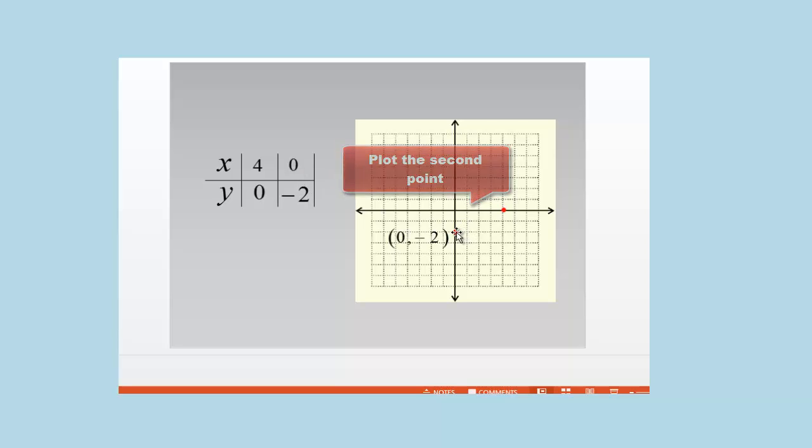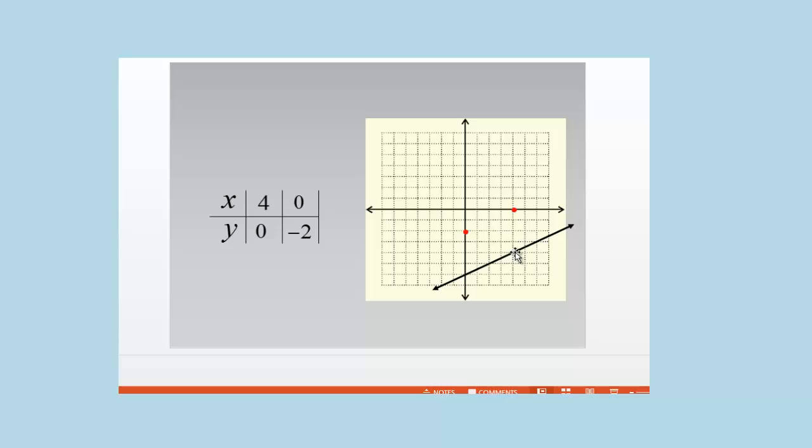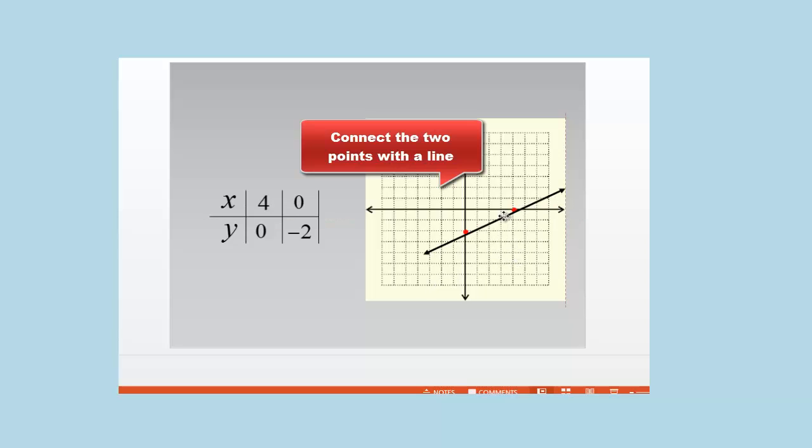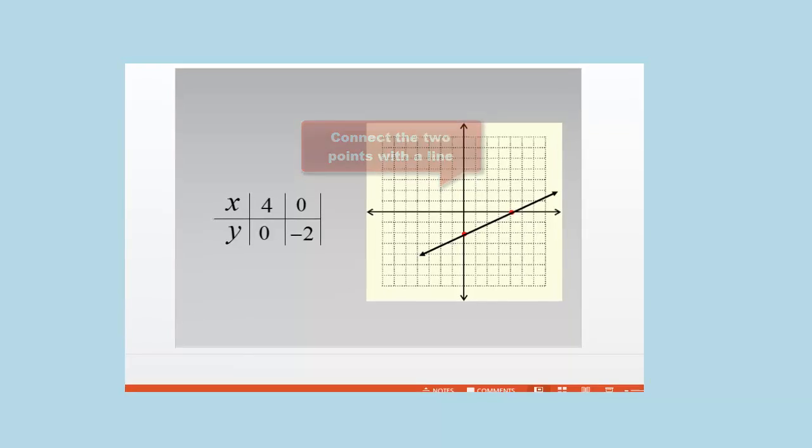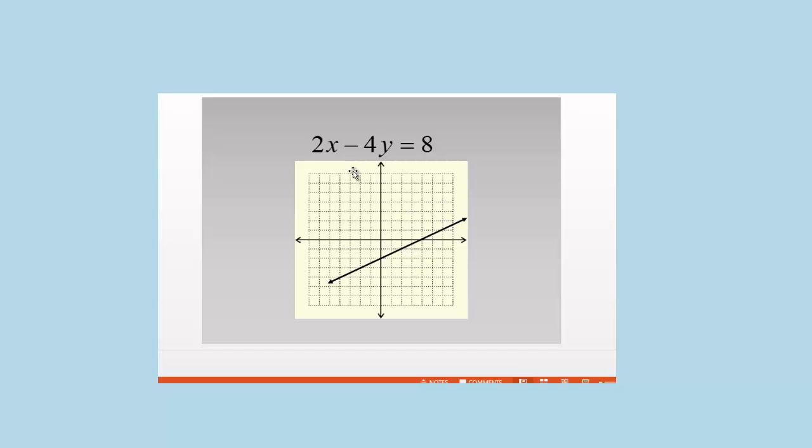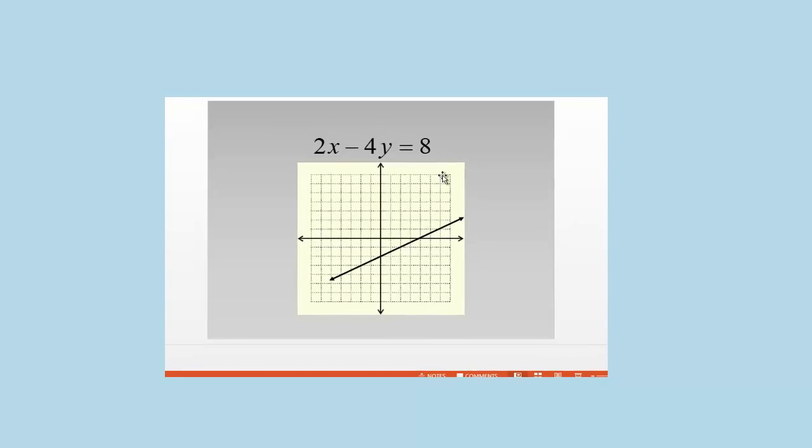Here is your 0, negative 2. After plotting the 2 points, connect the 2 points using a line. This is now the graph of the given equation 2x minus 4y equals 8.